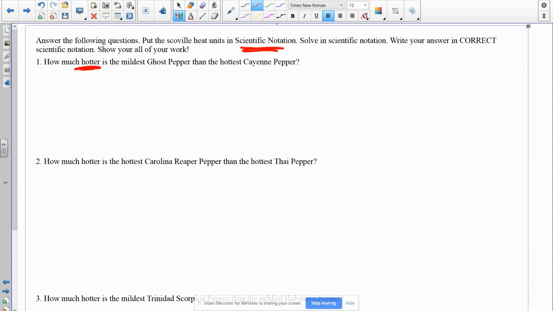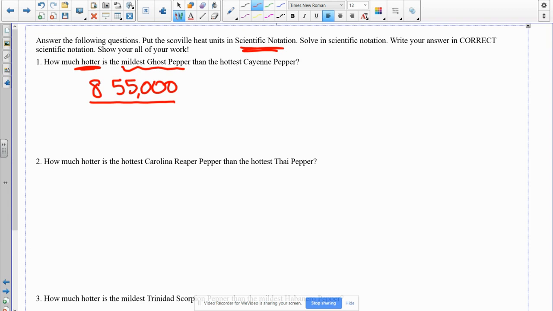In this case, the first one's the mildest ghost pepper. So go ahead and look through your paper and find the mildest ghost pepper. And that is 855,000, and that is going to be divided by the hottest cayenne pepper.